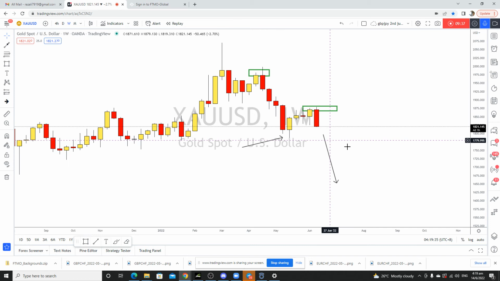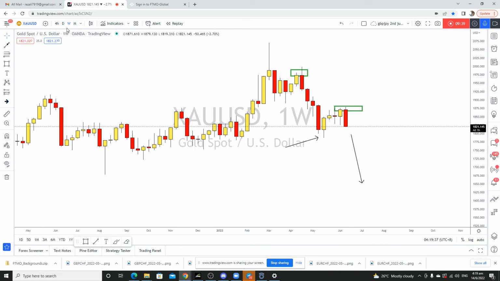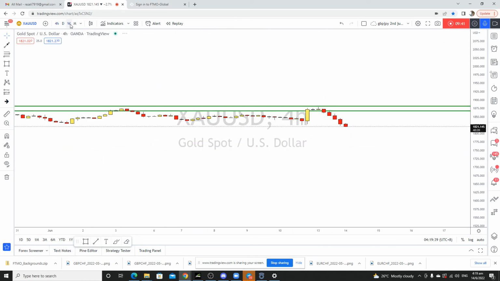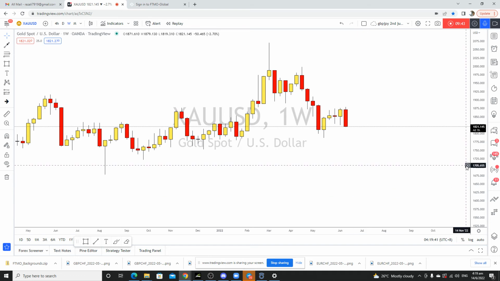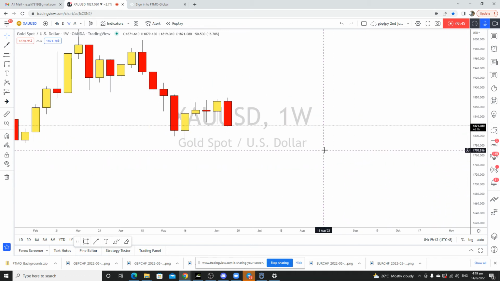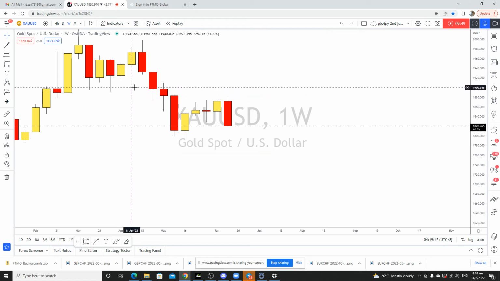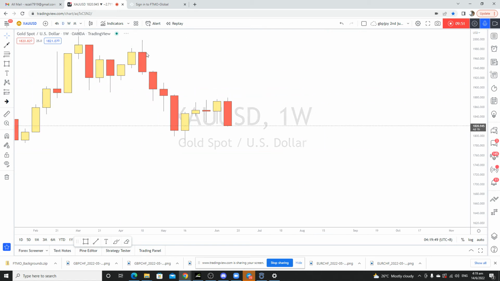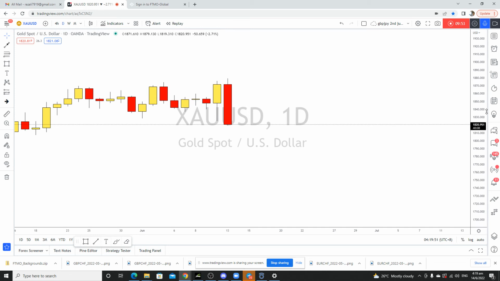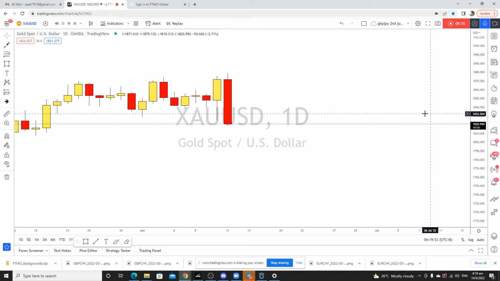Okay, so always look from a bigger time frame approach, find your buyers, and do not be carried away by the close of the candles. If the candle is bullish, it doesn't necessarily mean a buy, and if the candle closes bearish, it doesn't necessarily mean a sell.